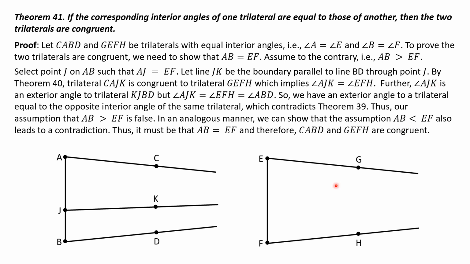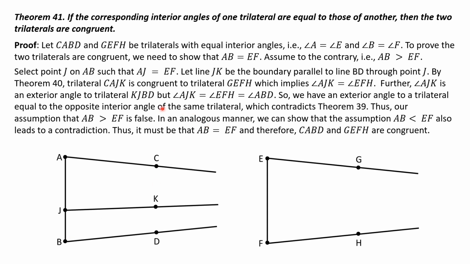Further, AJK is an exterior angle to this trilateral here, KJBD. And we know from a previous theorem an exterior angle is greater than the opposite angle, which would be this angle over here.